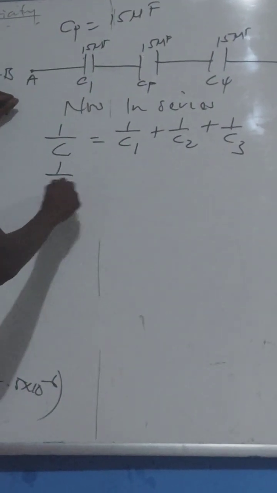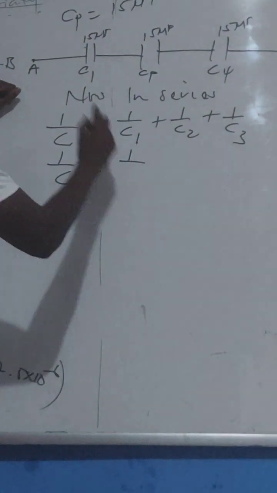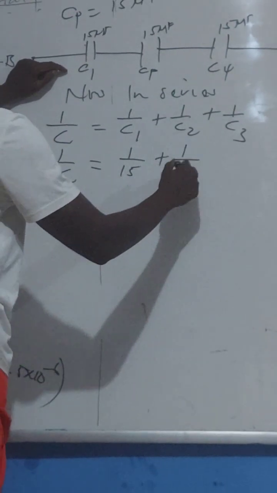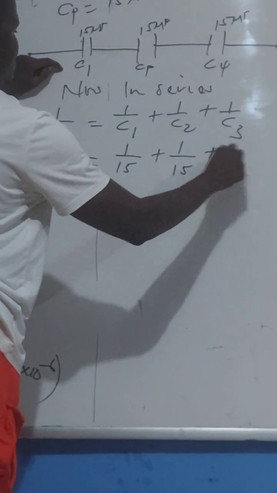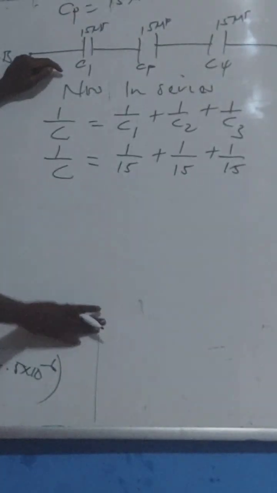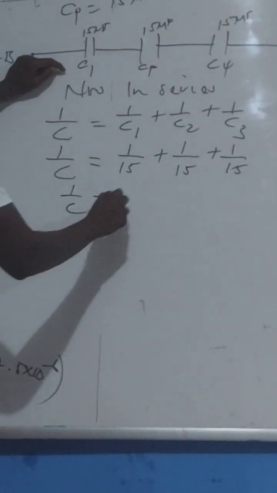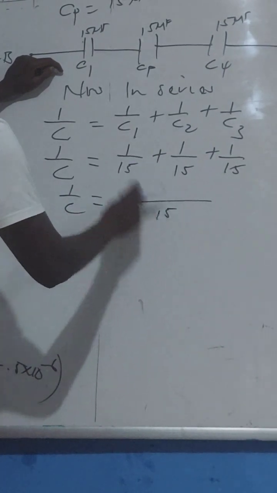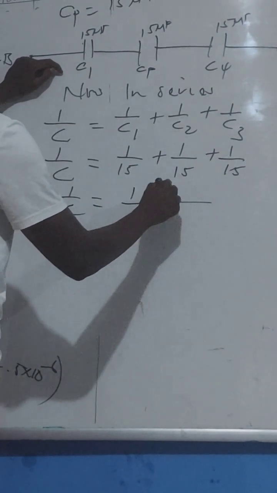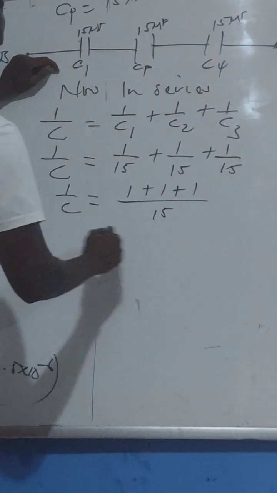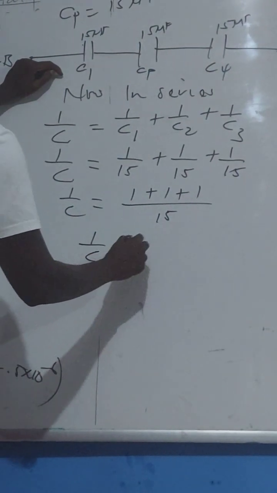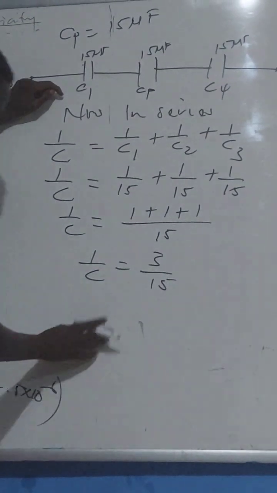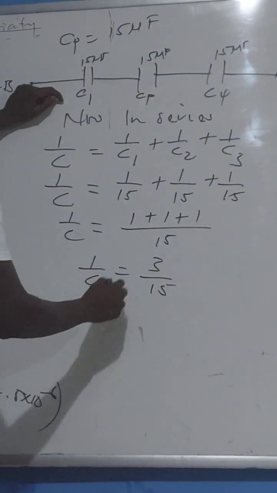So 1 upon C gives us 1 upon 15 plus 1 upon 15 plus 1 upon 15. What is the LCM for all this? 15. This here is 1 times 1, so this is 1 plus 1 plus 1. So 1 upon C is equal to 3 upon 15.